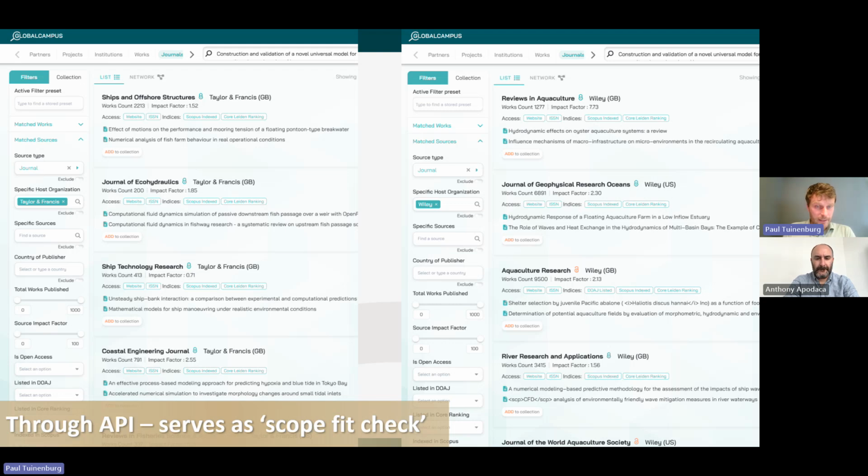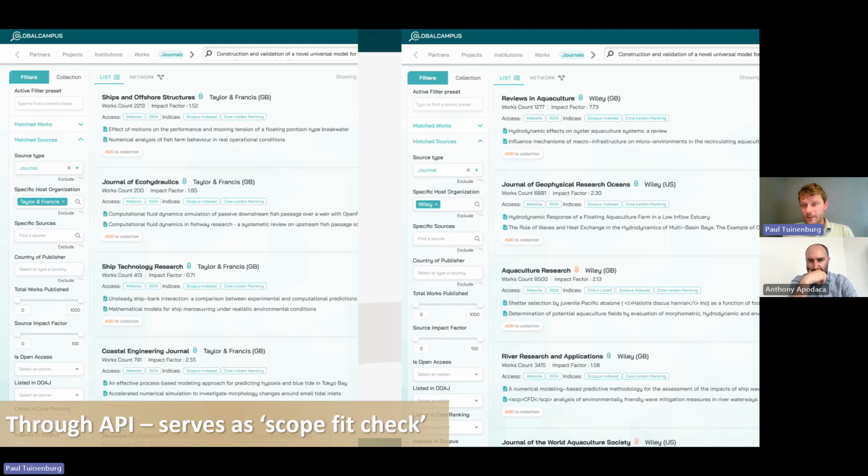The way it would serve as a scope fit check would typically be through our API, where our interface is actually not really used, but just the matchmaking is used. Here you see two screenshots, one where we only show Taylor and Francis results, and one where we only show Wiley results based on the same query.